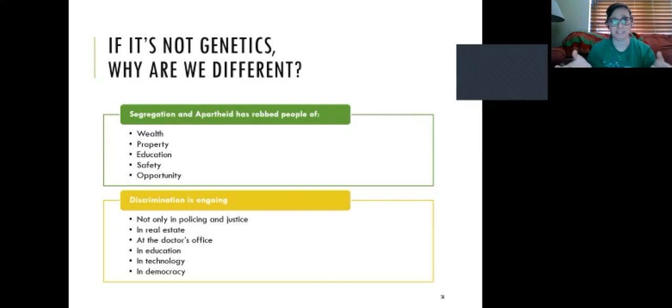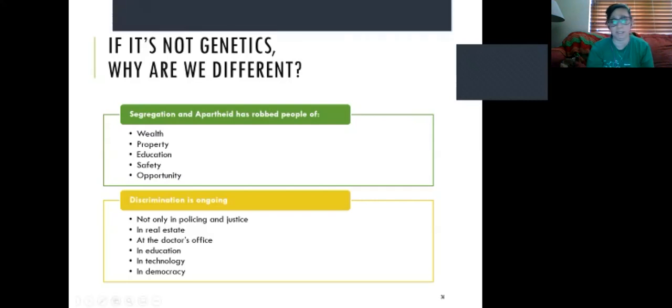So as you can see, we have not only what has happened in the past, but the ongoing discrimination that continues today, that we've seen in the news, and that we don't see.